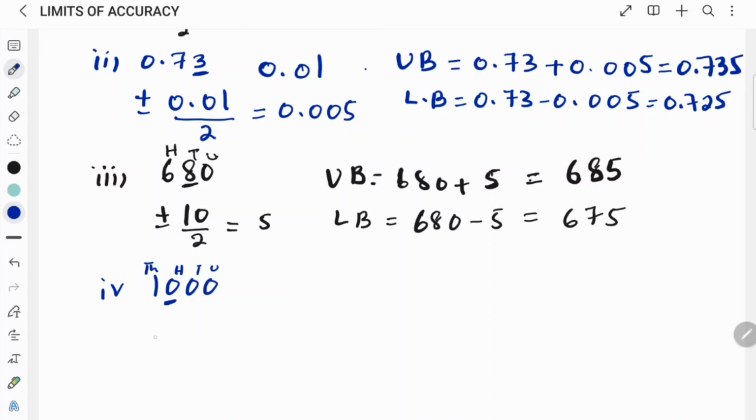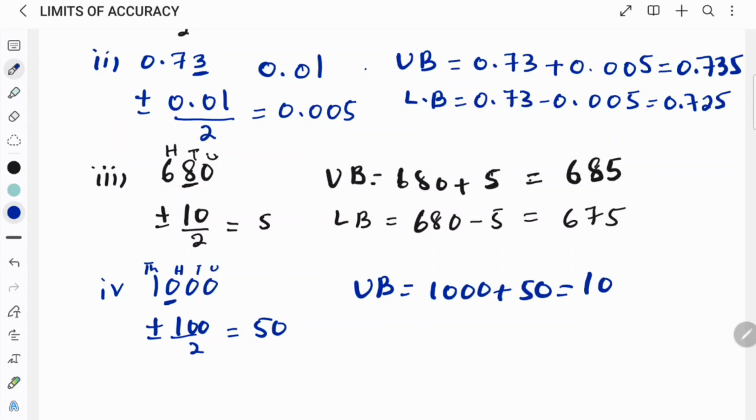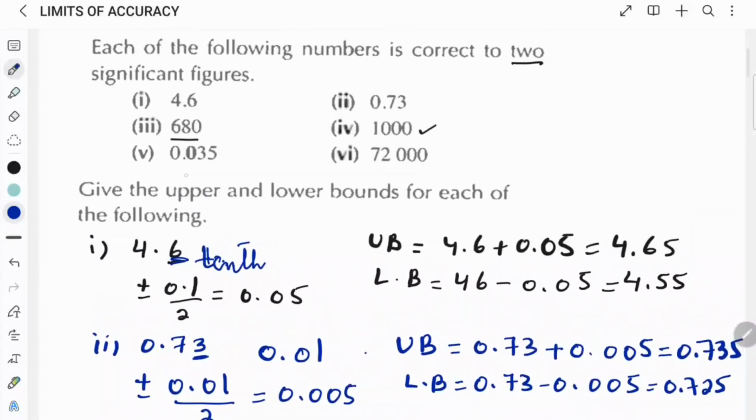You will have to add and subtract 100 upon 2 to get the lower and upper bound, that is equal to 50. So the upper bound will be 1000 plus 50, which is 1050, and the lower bound will be 1000 minus 50, which is 950. Very easy question.